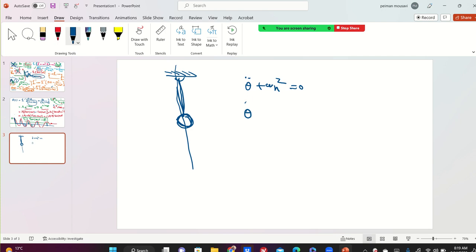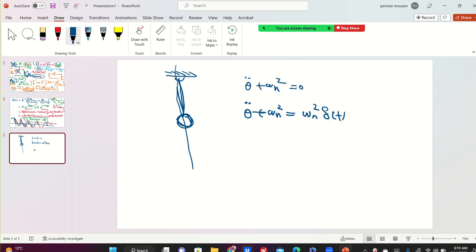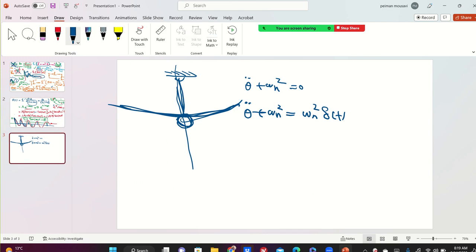Then I'm going to apply, as I promised you, this omega_n squared delta(t) input to the system. You see that the system is going to behave exactly like this: huge, and then oscillation, impulse. It's going to do this. Okay, can I go ahead? Can I go to MATLAB? Everyone? Yes. Okay.